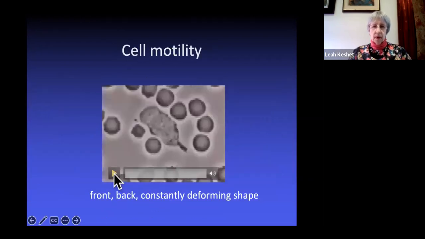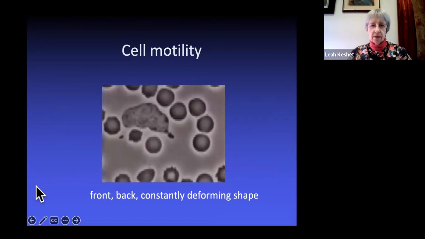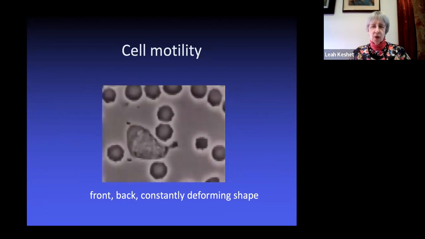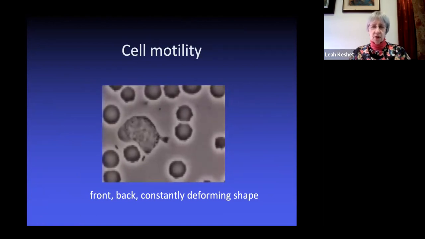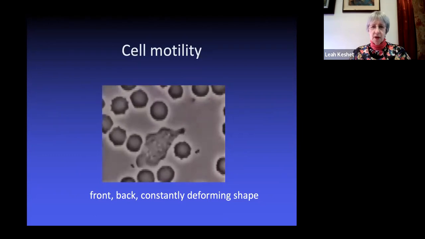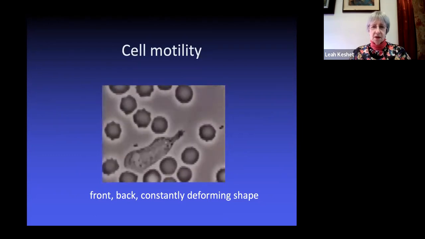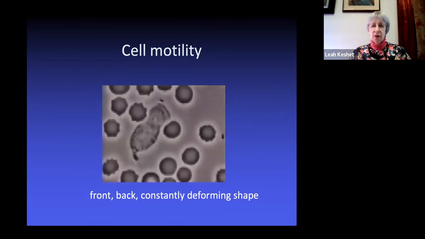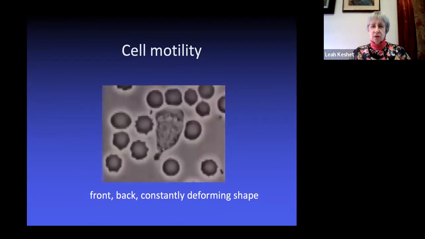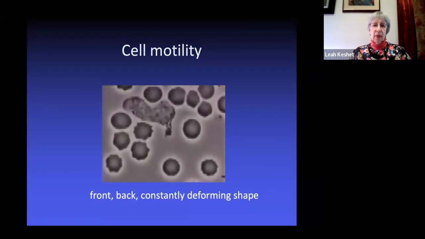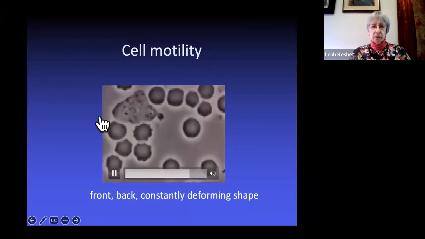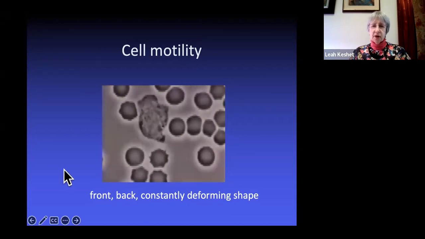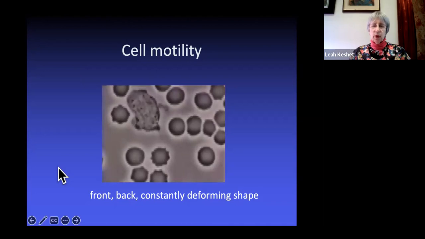Okay, apologies if you've already seen this movie, either in a talk I gave or online or in other talks. This is kind of a classic of cell motility models, and it's one of the few that really shows in great and lovely detail how our white blood cells can chase after bacteria and get rid of them.